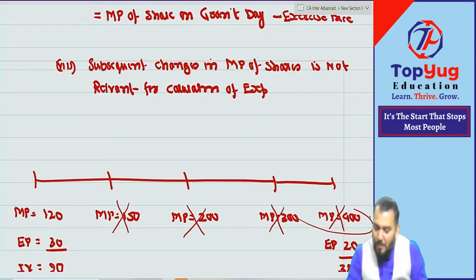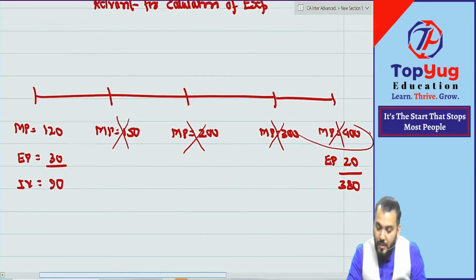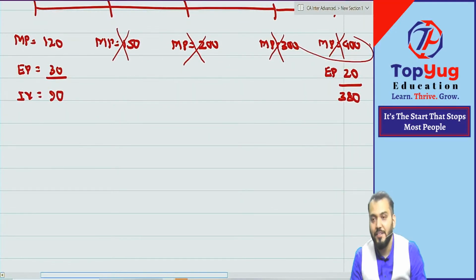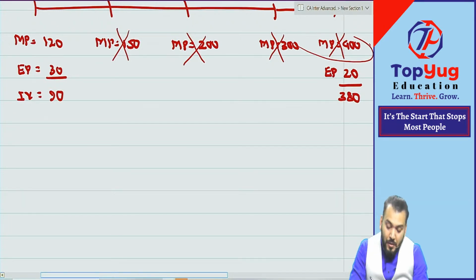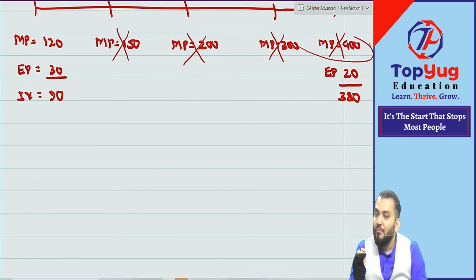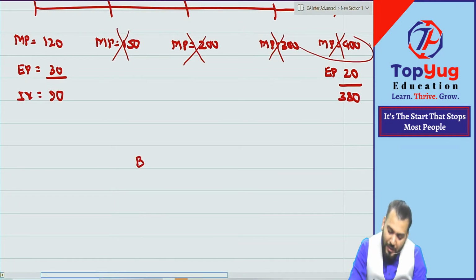Now, everyone just try to understand. Let us come to one practical example, and you will understand this point. I will ask one question to you. What is the journal entry of issue of equity shares? Bank account debit to equity share capital.